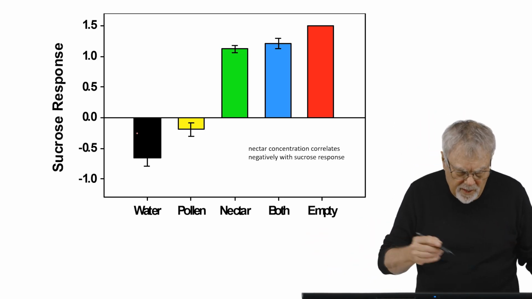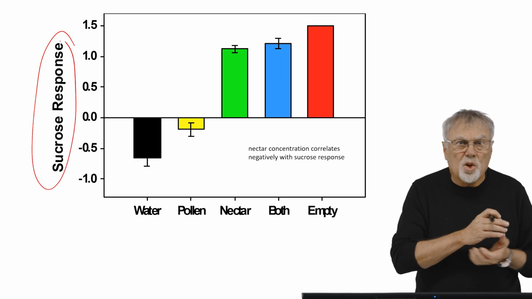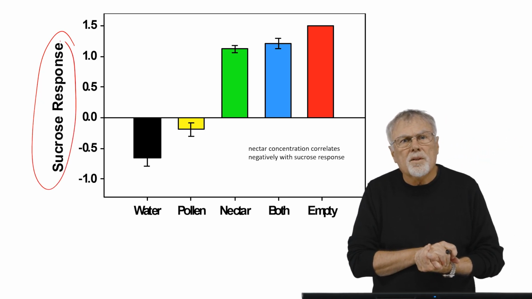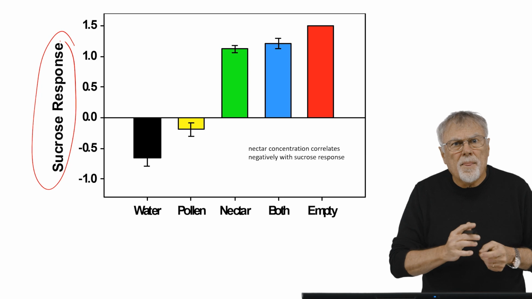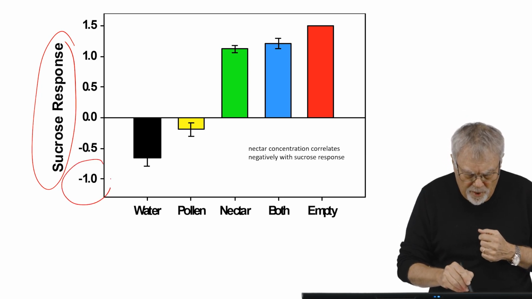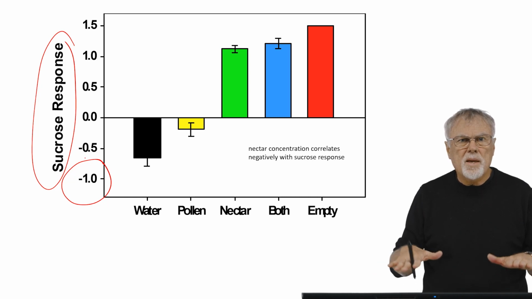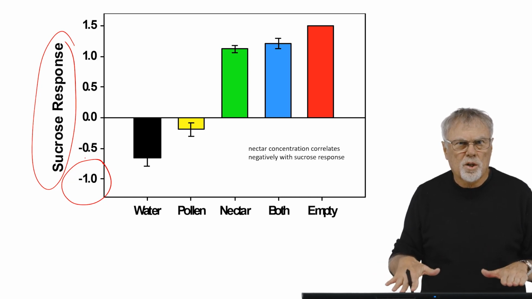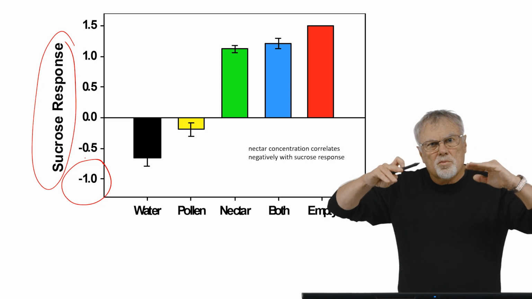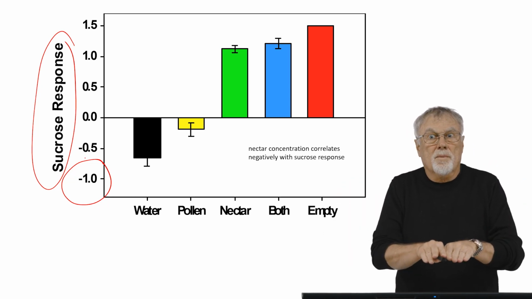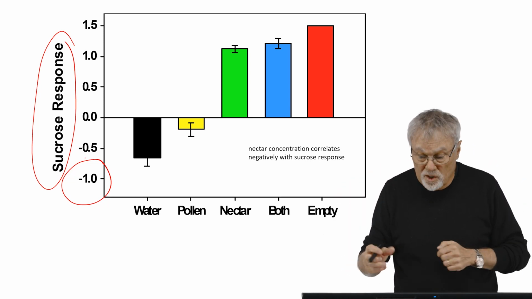So this over here is showing their sugar responses. The lower the number, the lower the concentration of sugar to which they responded, meaning they were more sensitive to sugar. Their sensory systems were tuned to be more responsive to the lower concentrations.